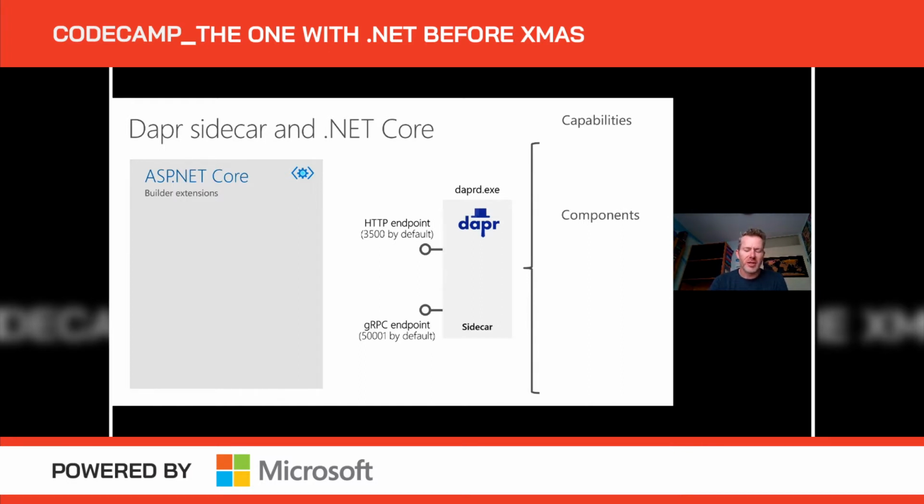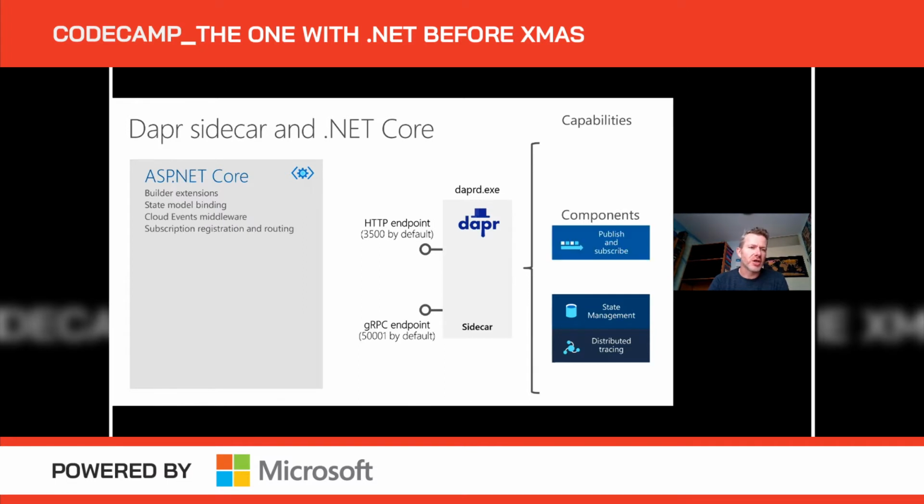You know that from ASP.NET Core, because we're building a .NET Core application with HTTP endpoints, you will get all of your builder extensions, and you get some more with Dapr and the Dapr SDK. Distributed tracing you get for free. You have your state model binding, just as you would do model binding in ASP.NET Core, but then to the state management on the Dapr side.